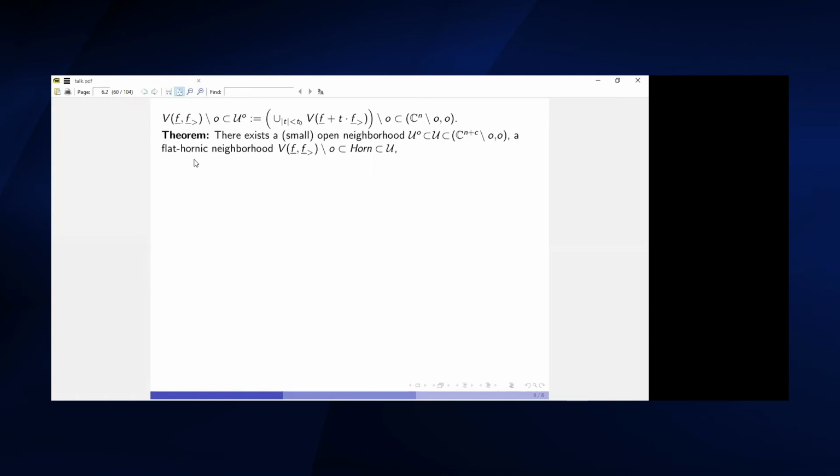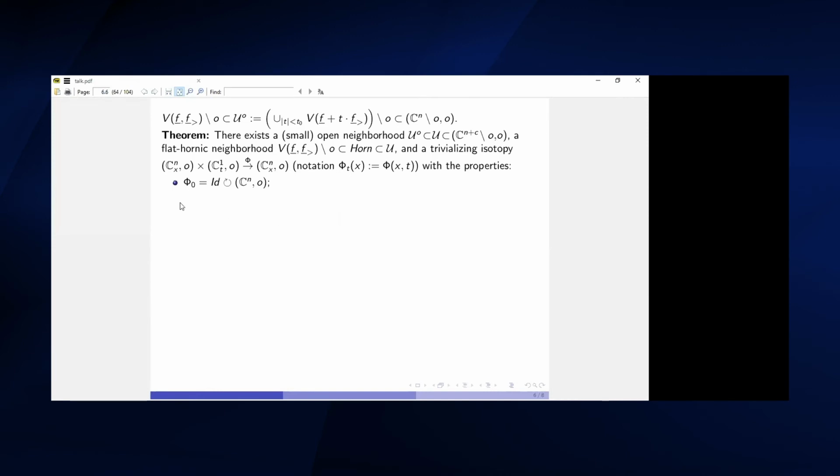And a flat hornic neighborhood, the horn, as I demonstrated on the slide before, the neighborhood of the base locus. And a trivializing isotopy, the continuous map from the product of the germs to Cn minus the origin, with the obvious notation phi subscript t, with the following properties.